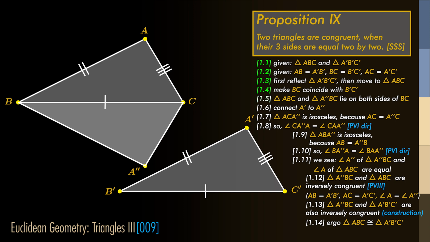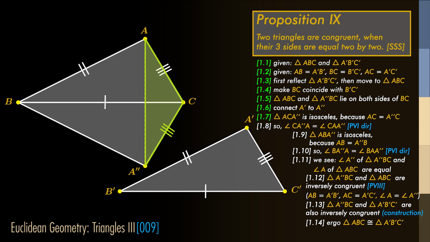We have the triangle A''BC. ABC and A''BC are now on both sides of BC. Now let's connect A and A double prime. The triangle ACA'' is isosceles, as AC equals A''C.